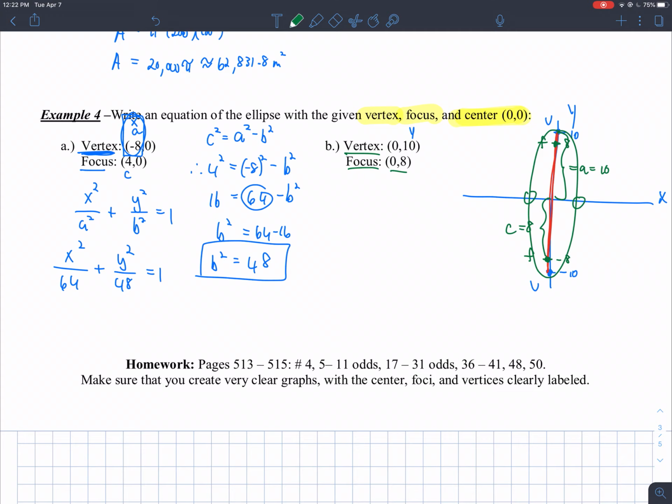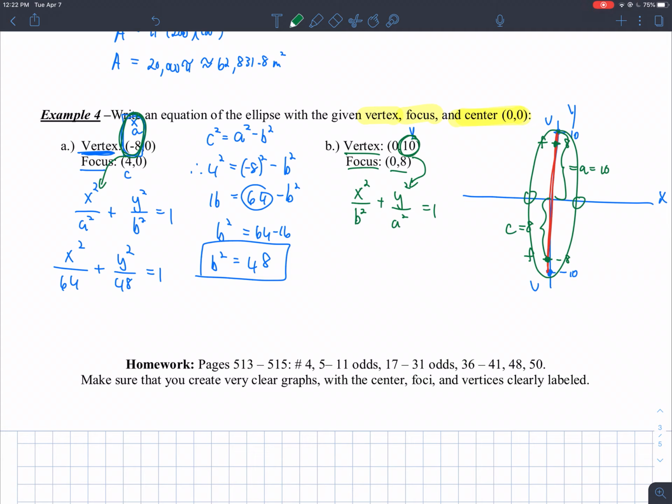I have my A, I have my C, and I have a vertical ellipse, so my equation must be x squared over b squared plus y squared over a squared equals 1. Notice the difference. If the vertex is an x coordinate, then I use the formula where a is under x squared. If the vertex is a y coordinate, then I use the formula where a squared is under y squared.